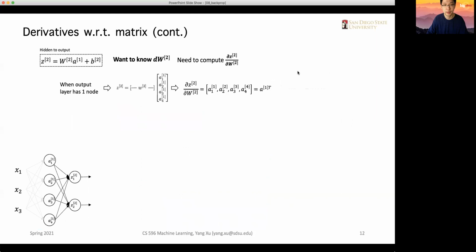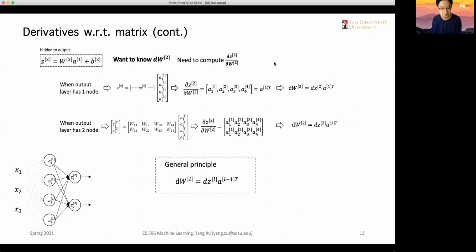Okay, so here, all right, how we come up with the solutions for those DWs, DAs and DZs requires some time to digest. I would admit that. But these general principles are easier to memorize and to understand if you consider the dimension relationship between the two components that are being multiplied together.